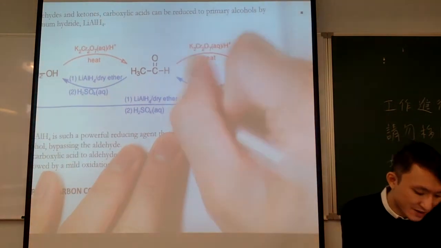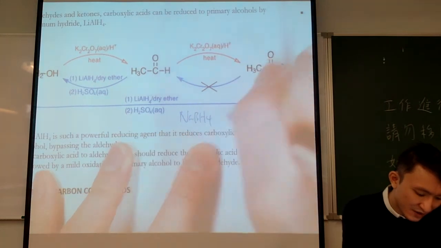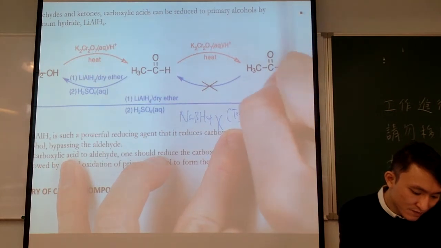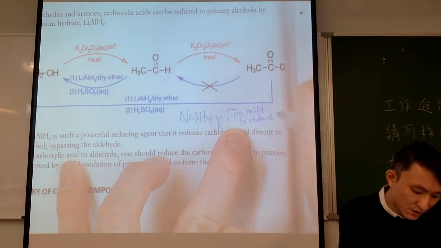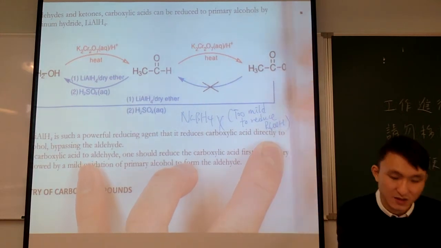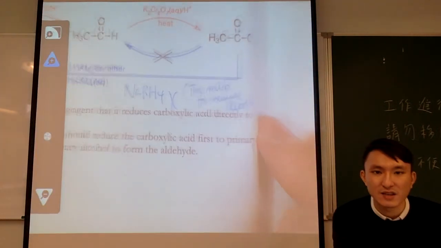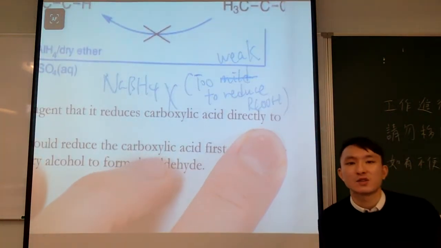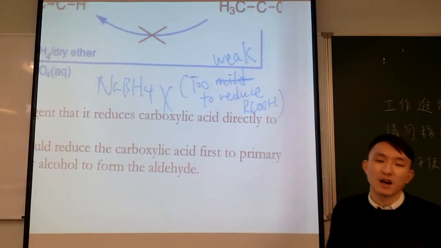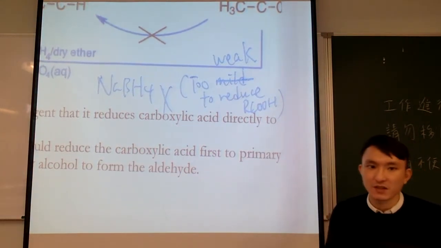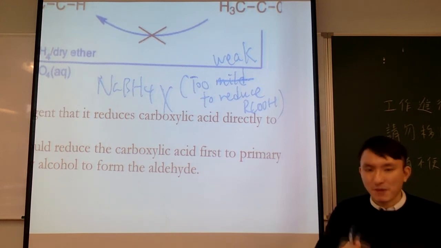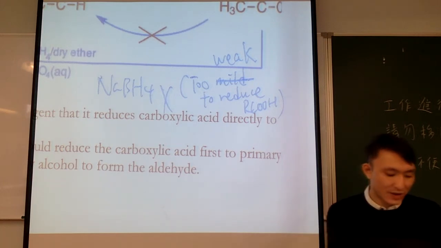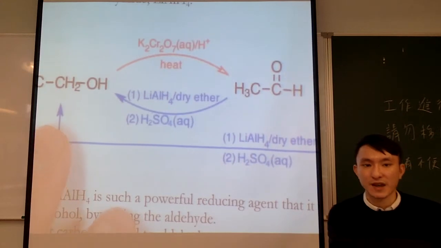So here you can add a remark: NaBH4 doesn't work because it is too weak a reducing agent to reduce carboxylic acid. So we can only use the powerful lithium aluminum hydride, but when you use it, it will go all the way to the primary alcohol.